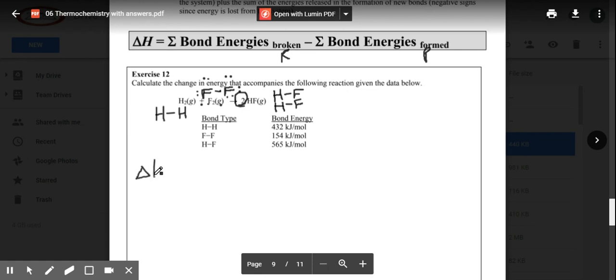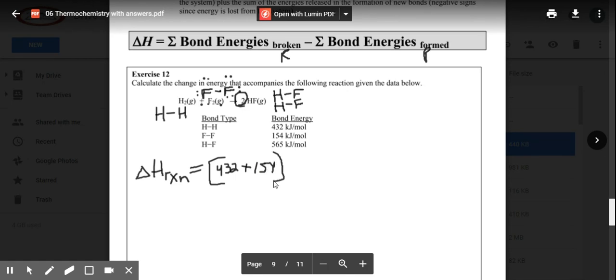So delta H of the reaction is equal to the sum of my reactants' bond energies, minus the sum of my products' bond energies. So my reactants are right here. I have 1 HH bond, so that's 432. I have 1 FF bond, which is 154.